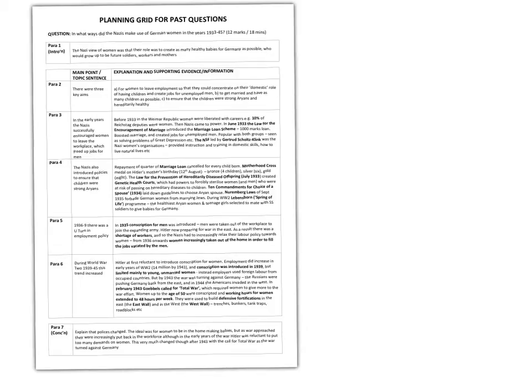Okay, so the question is, in what ways did the Nazis make use of German women in the years 1933 to 45? There have been questions in the past about up to 1939, but I've deliberately extended this one to 1945 because of the change I just talked about. Okay, so the usual, just to highlight the key points, but I think you're used to this now.